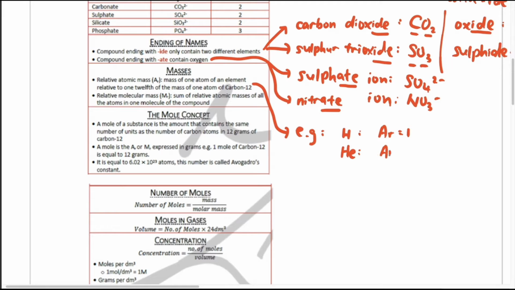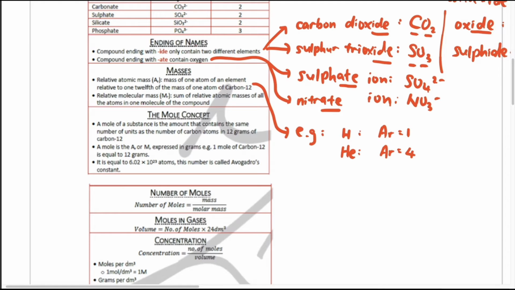If you check the periodic table, you will get a relative atomic mass of 4. So that means helium's relative atomic mass is 4 times compared to 1/12 of the mass of one atom of carbon-12. 4 times heavier than 1/12 of the mass of one atom of carbon-12. So we don't put the relative atomic mass in kg. It's just a number without unit, showing that it is comparing the mass with 1/12 of the mass of carbon-12.